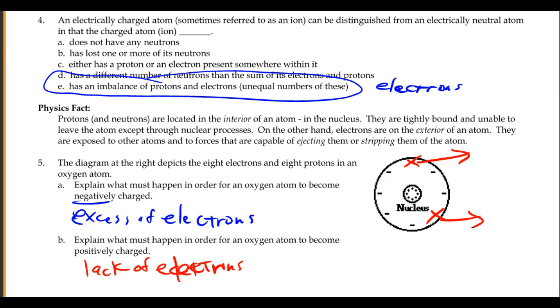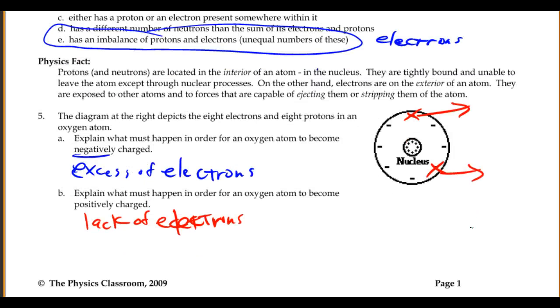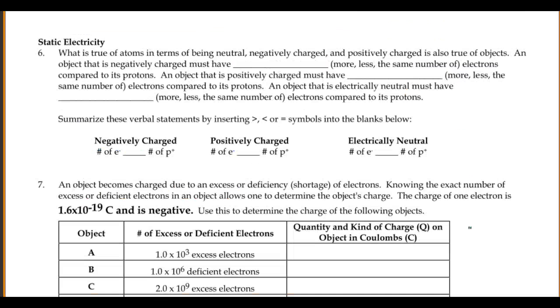Now this time I sent 2, so this would be plus 2 in terms of the ion. Again, it's not the protons that move, it's the electrons that move. We either add them to create negative charge imbalance or subtract them, take them away, to create a positive charge imbalance.